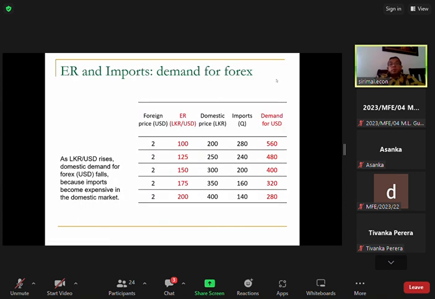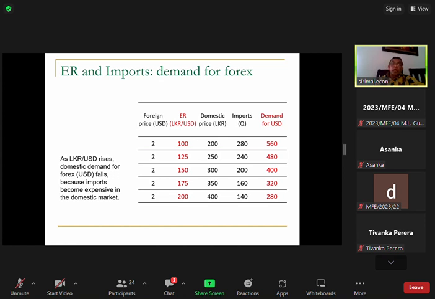Okay, now we mentioned foreign exchange market demand and supply. So I'm going to explain further down the line. Demand for dollars, how does it change with the exchange rate movements? Demand for dollars can be explained through imports.